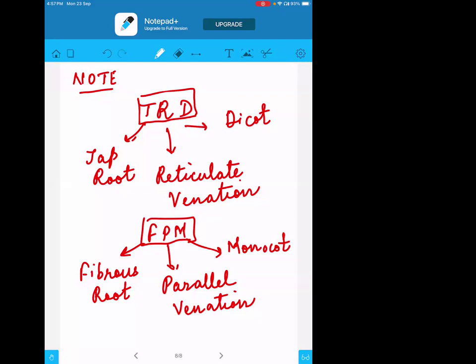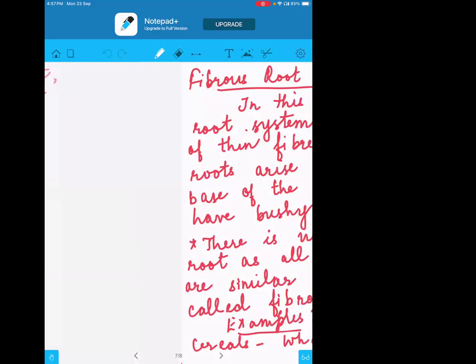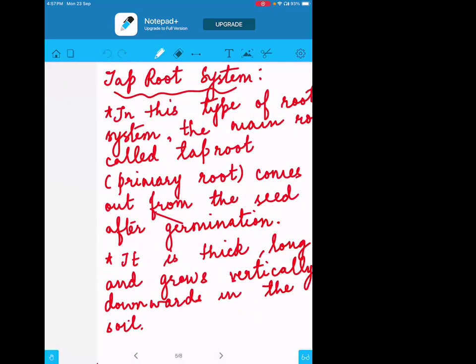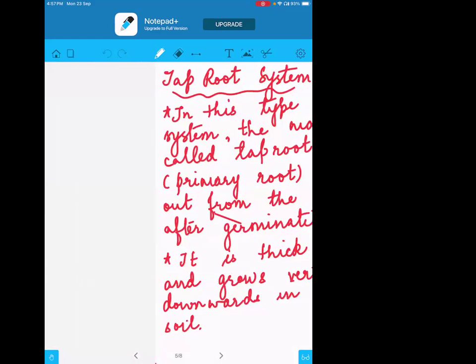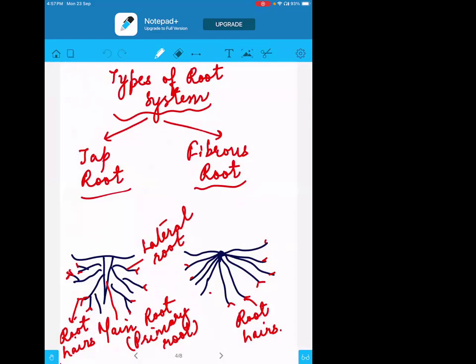Ma'am, can you show the diagram of taproot and fibrous root? Yeah. Okay, ma'am, that's all.